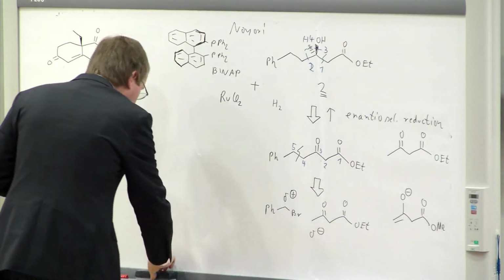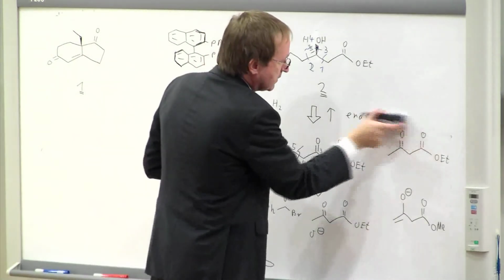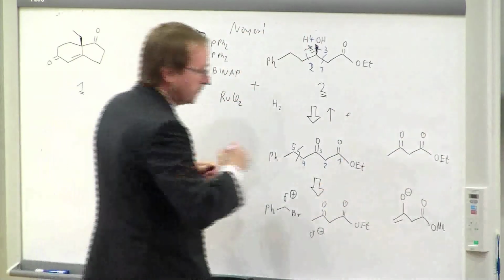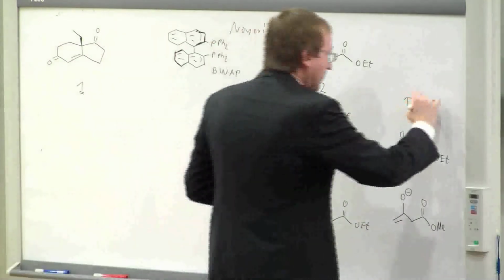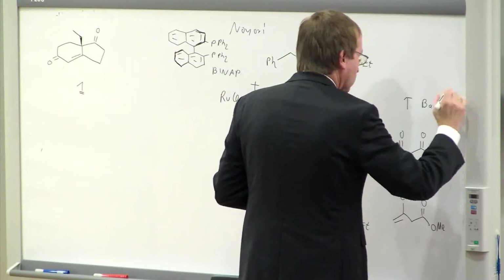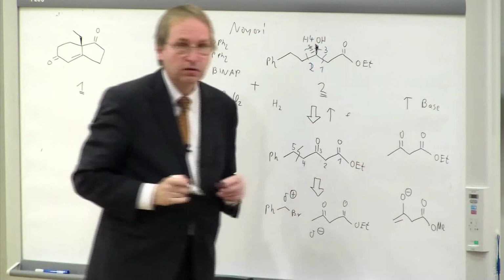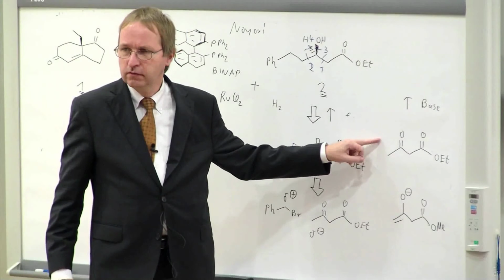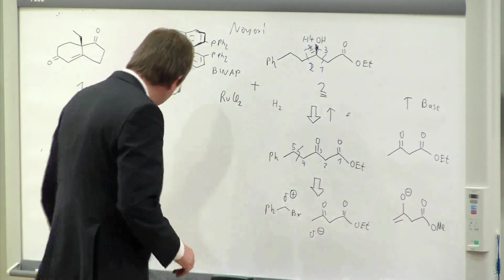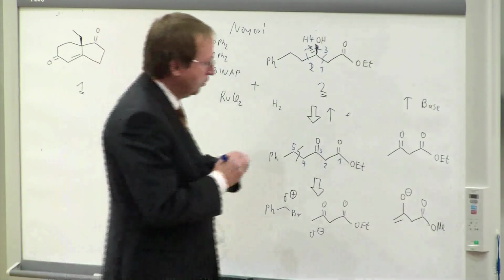But what happens if we treat this ketoester with a base in order to form an enolate? If we take a base to abstract a proton, which proton will be abstracted? What do you think? Which proton is the most acidic one in this ketoester? We still have our numbering.